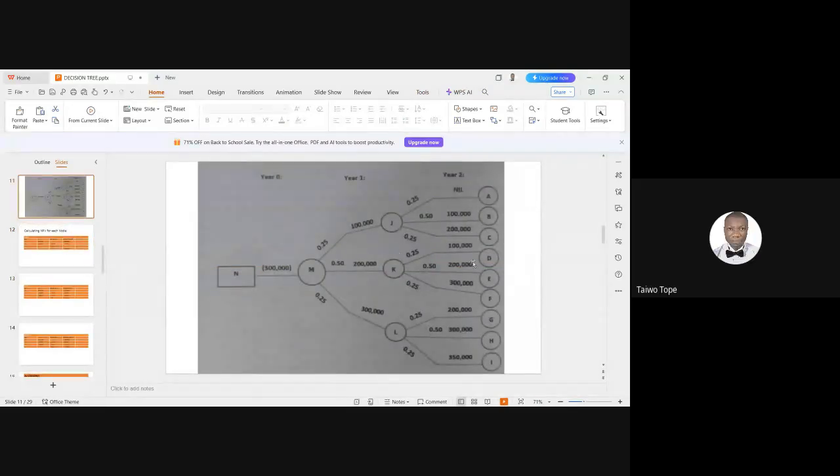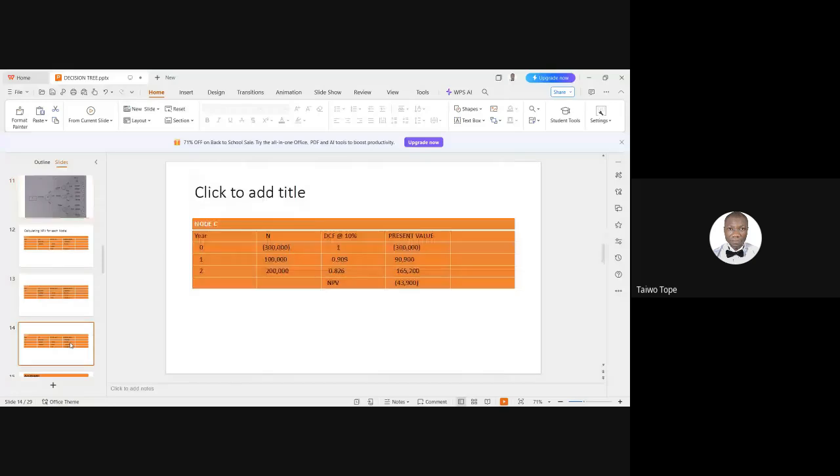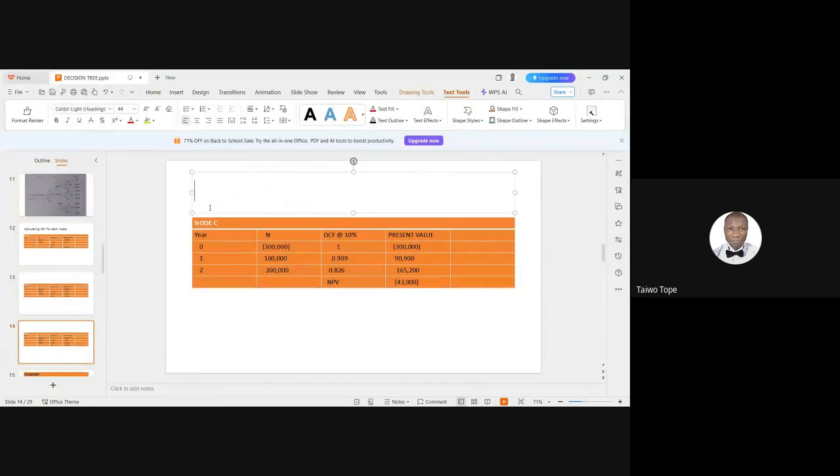Now, for D, what will happen? Somebody should speak to that. For not D, it will be 300 in year 0, 200 in year 1, and in year 2, 100,000.